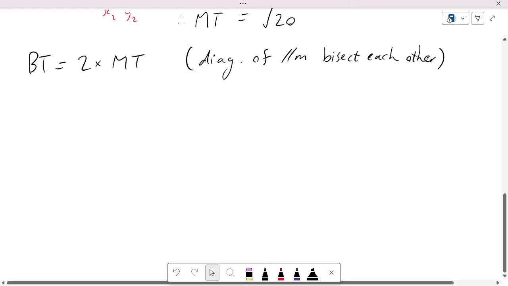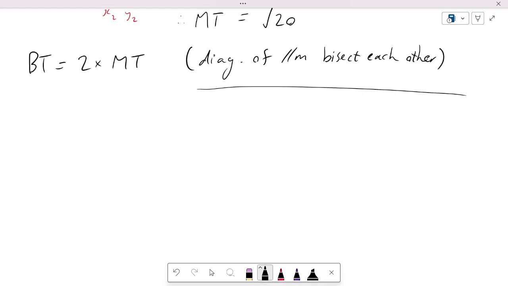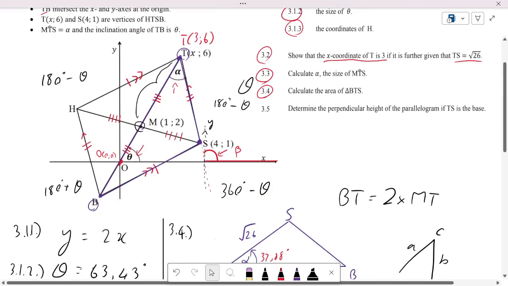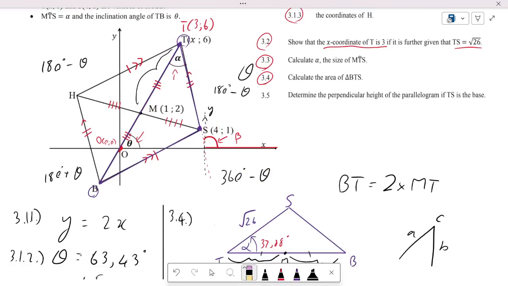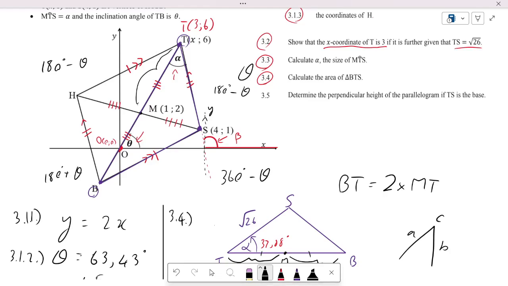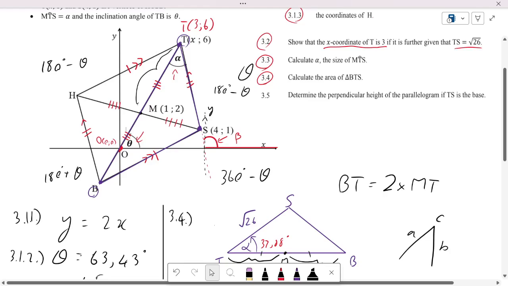Now you see this is actually the closest reason we can get to proving that M is the midpoint of BT. The reason why I'm using it is because we're using the properties of the diagonals, and we only have 2 properties of diagonals, one with the sides and one with the angles.